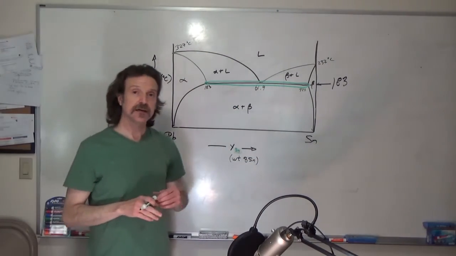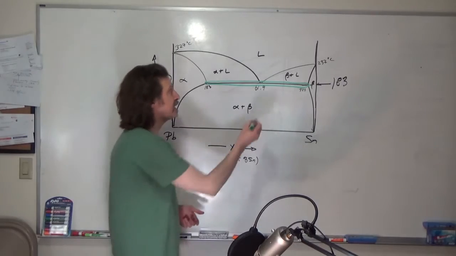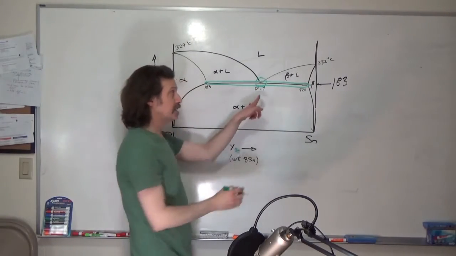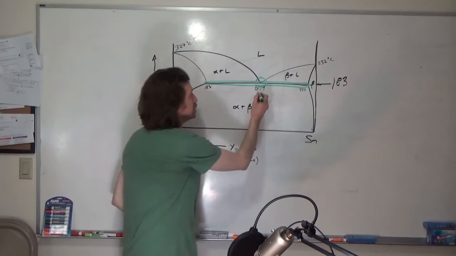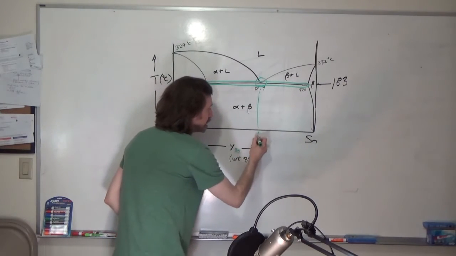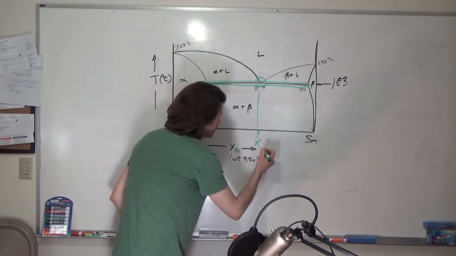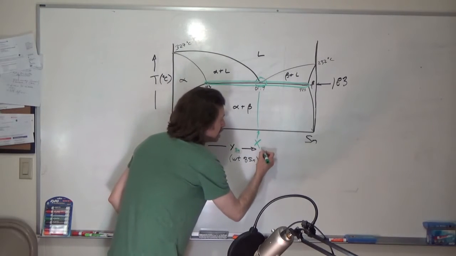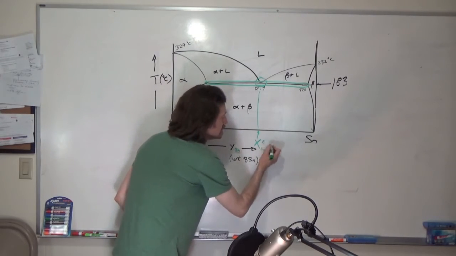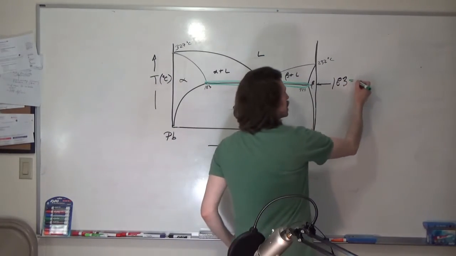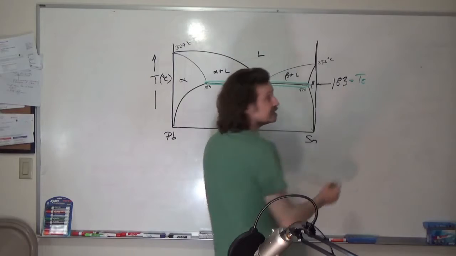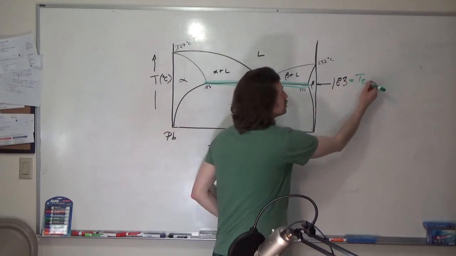And the eutectic is a point in space, notably here, a particular composition. So this is the eutectic composition, which would be, say, X_Sn^E for eutectic. And this temperature is T_E, the eutectic temperature.